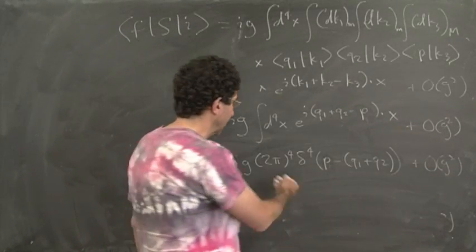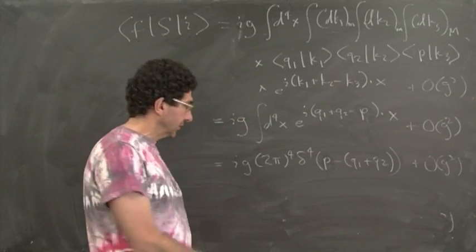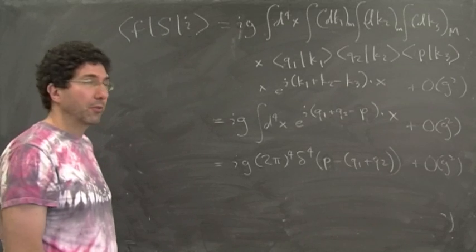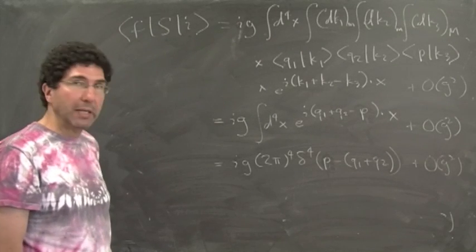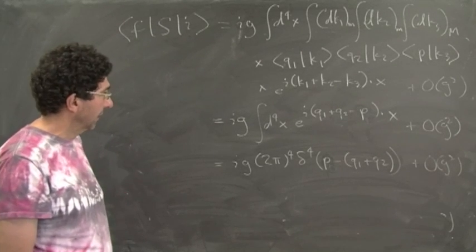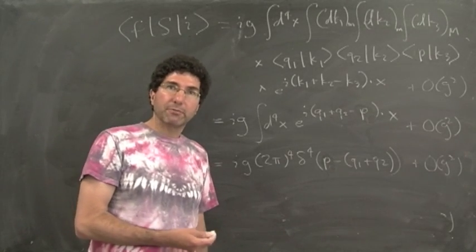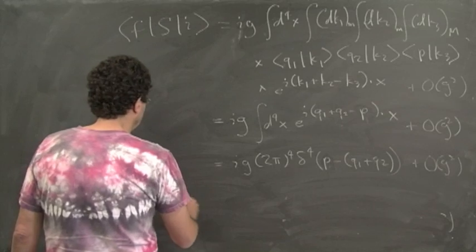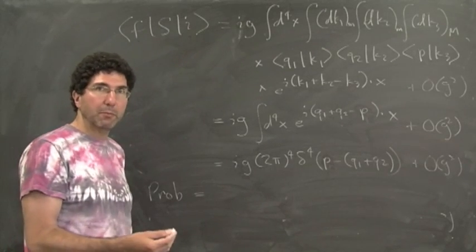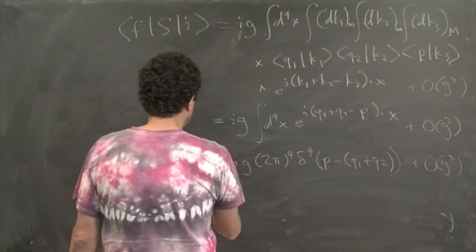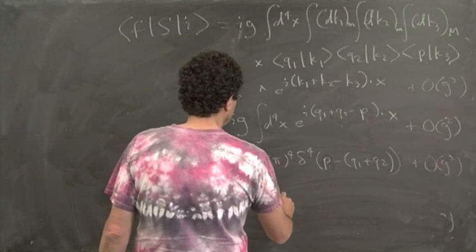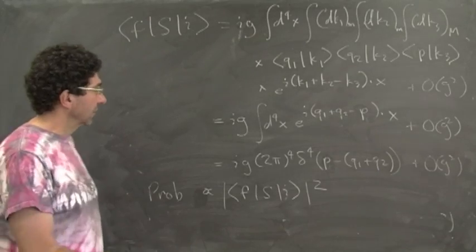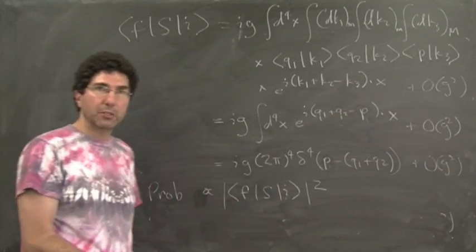Because it says that this amplitude is non-zero only if we preserve both energy and momentum, which is certainly a reasonable thing. But it's very confusing how to physically interpret this, right? Because remember that we want to find something physical, we want to find a probability, and the probability will be proportional to this S matrix element squared. And while delta functions don't scare me, squares of delta functions do.